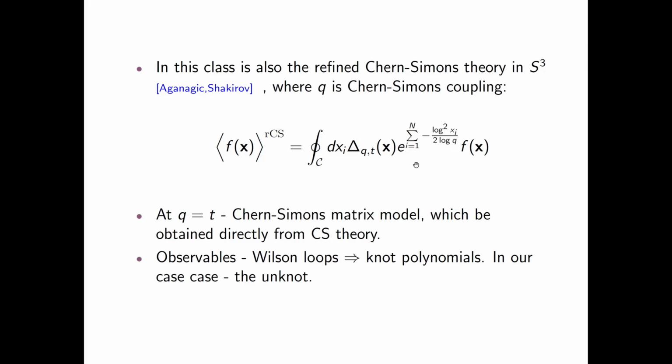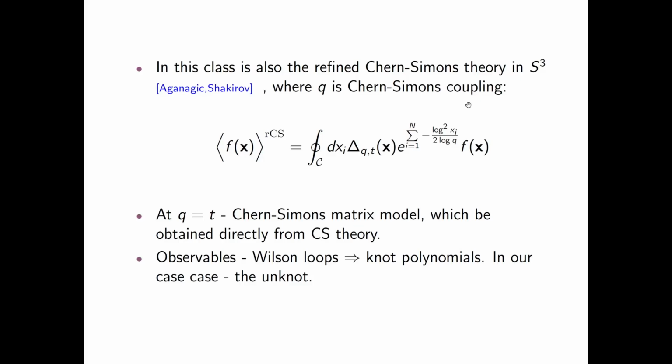It's a separate example, not only because it has a separate physical interpretation, but also because it relates to a whole field of knot theory, since Wilson loops in three-dimensional Chern-Simons theory produce invariants of knots, so-called knot polynomials or quantum knot invariants. But in our case, we're studying a simple case, which from the point of view of knot theory corresponds to just the unknot.